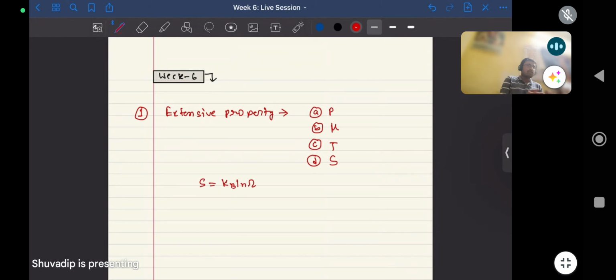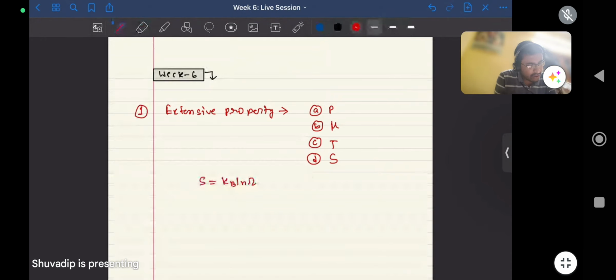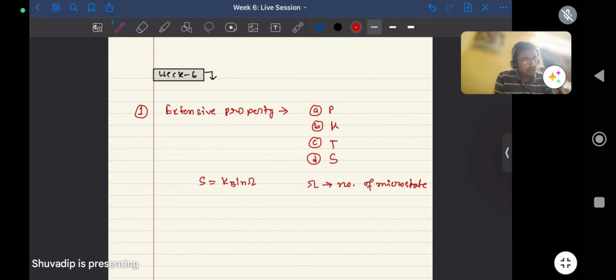Now this omega depends on how many particles you have, because omega is the number of microstates. If you have a large number of molecules, the number of microstates is also large, and then you have large entropy. In that sense, this omega is dependent on N.